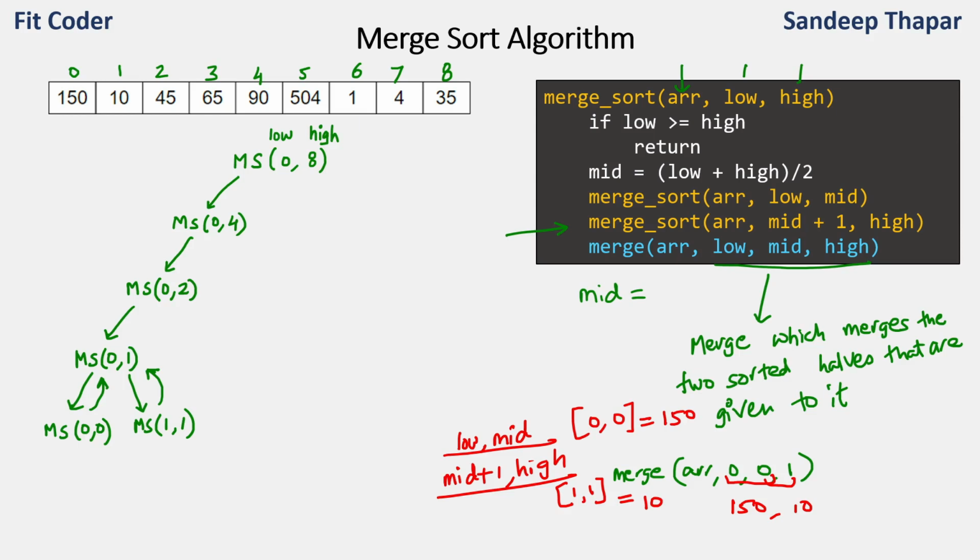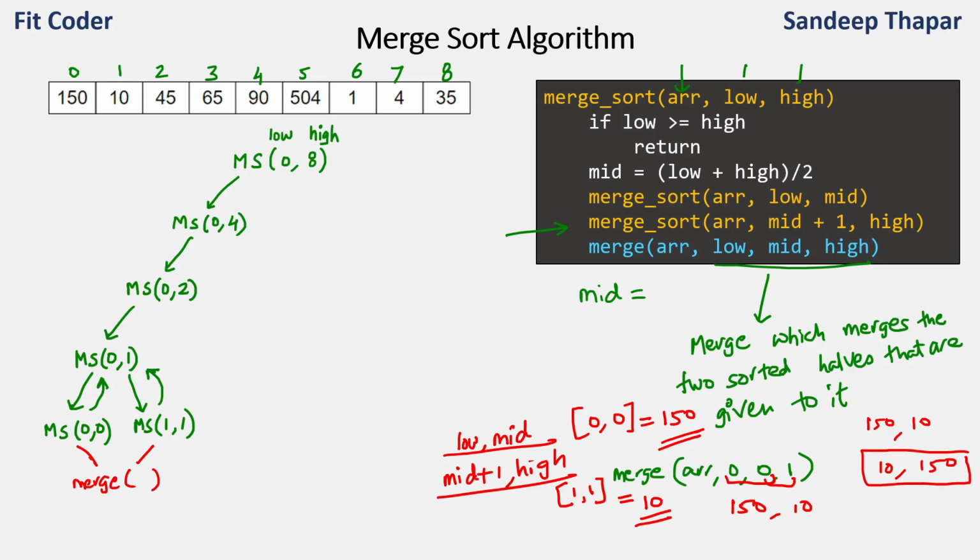This merge function will combine 150 and 10 and sort them. We'll see the implementation of merge in detail, but for now, let's just assume that this merge function will merge the two sorted halves. So when we pass it 150 and 10, it will sort and merge them into 10 and 150, because this is the sorted order.